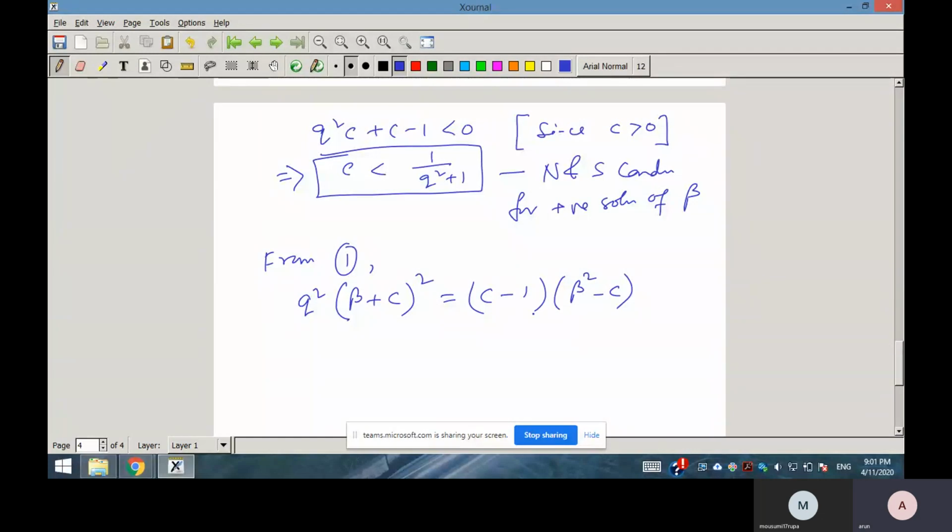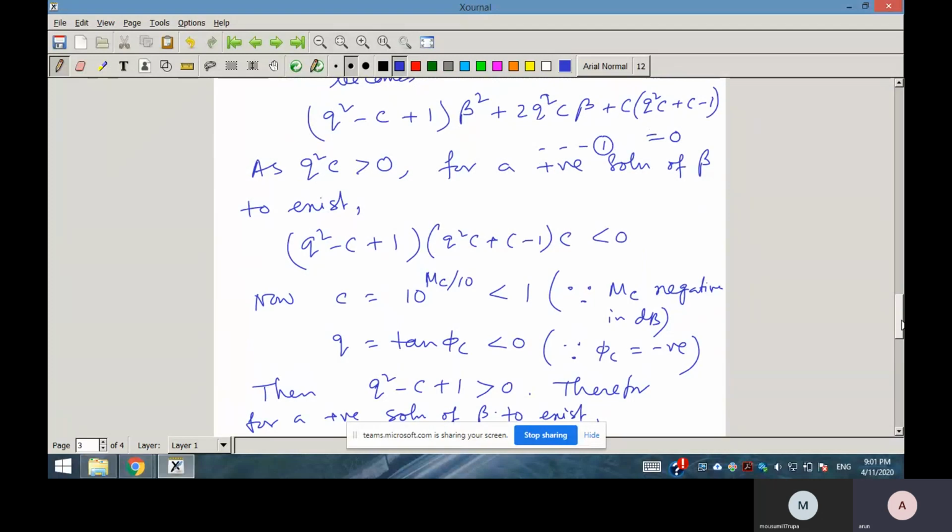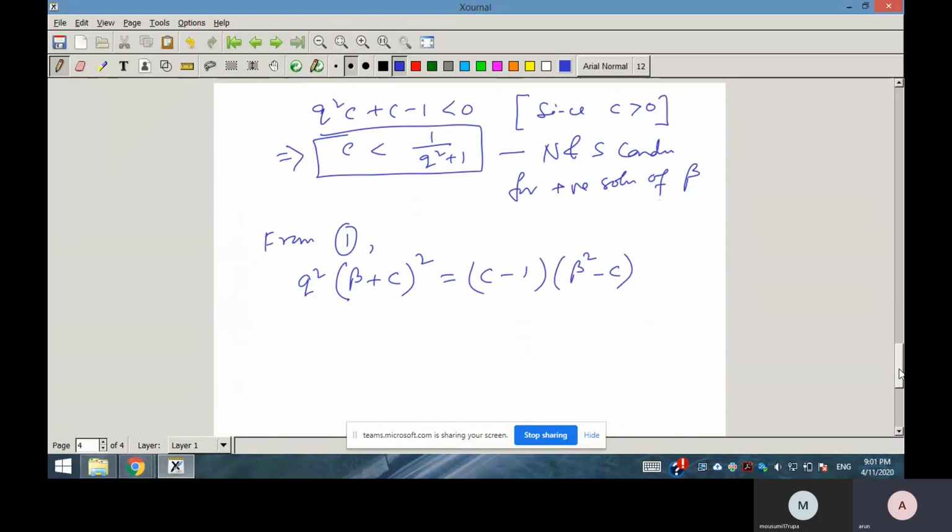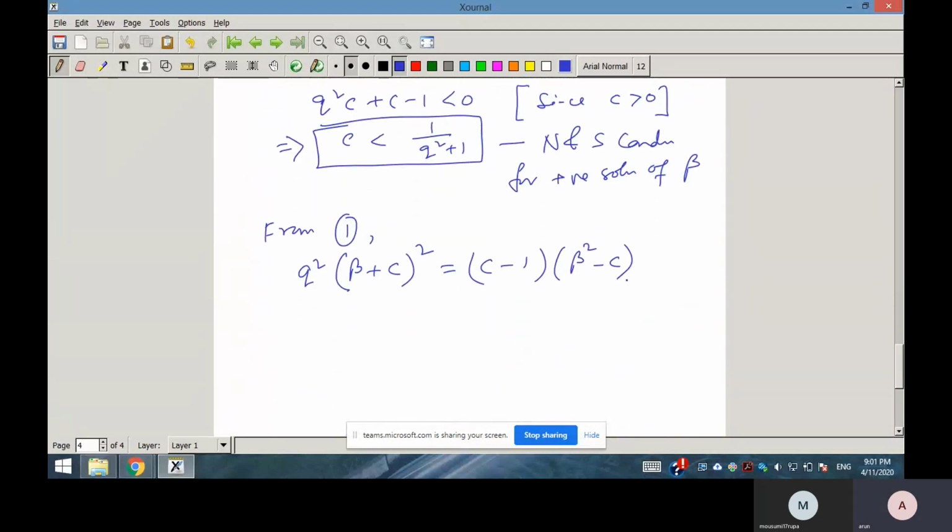Also c minus 1 is less than 0. So this implies beta square minus c has to be less than 0. Why? Because the left hand side is greater than or equal to 0, and c minus 1 is less than 0.